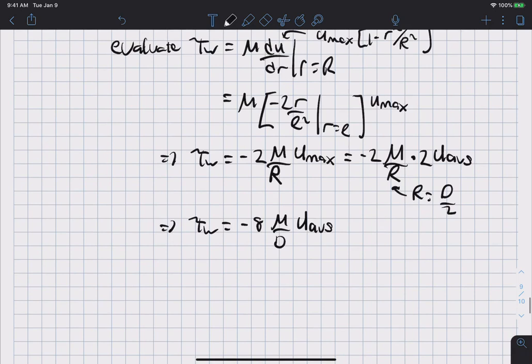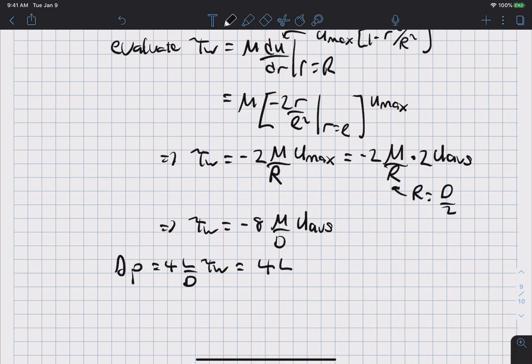So then, now that we know this result, we can stick that into the delta P relation. And we had that delta P is equal to 4 L over D times tau wall.